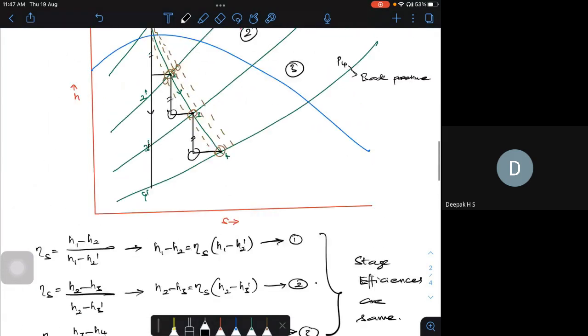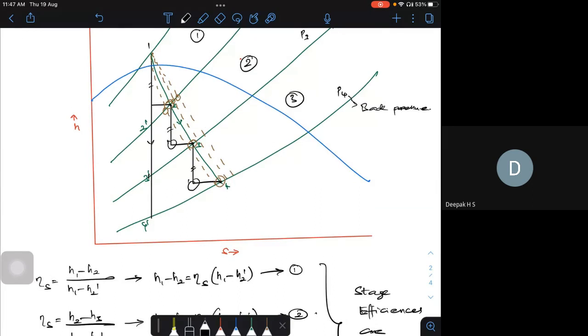If you go back and see here, I can do the expansion using a single stage. I can do the same work in a single stage, and I can do the same work in multiple stages.